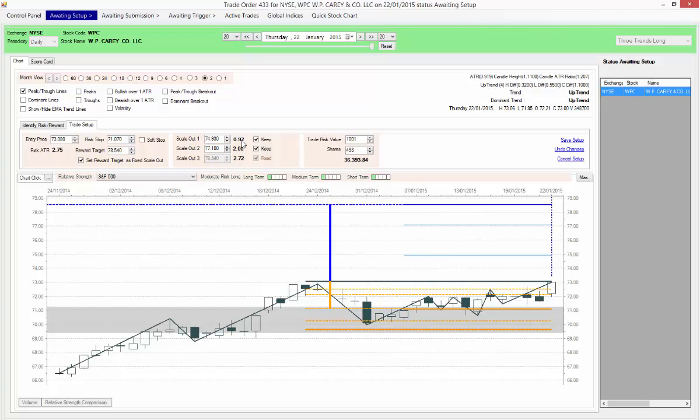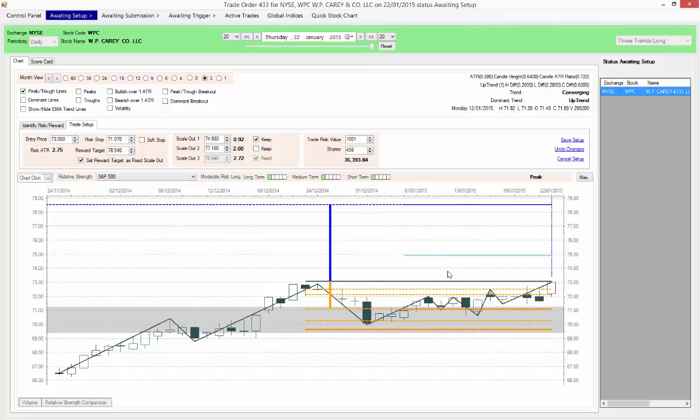But in this situation, I'm going to choose that as an appropriate scale out for taking reward. And I'm happy that I haven't quite met the 1 to 1, but I'm going to play it a bit safe. And I'm going to keep that. The 2 to 1, I'm not interested in for the purposes of this demonstration. I'm going to untick that.